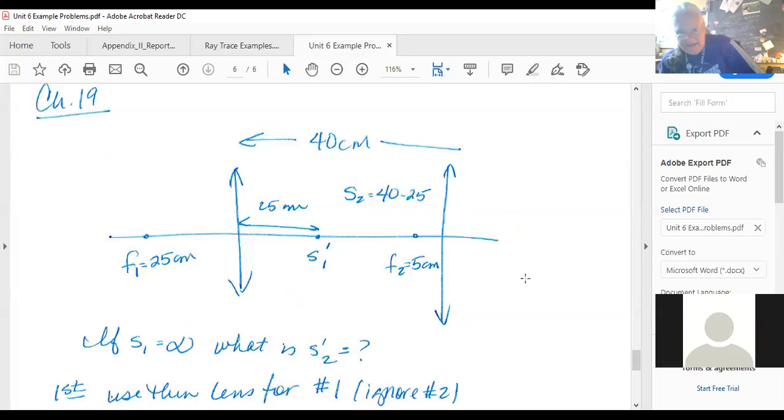How far from the second lens is the final image formed of an object infinitely far from the first lens? Is the image far behind the second lens?